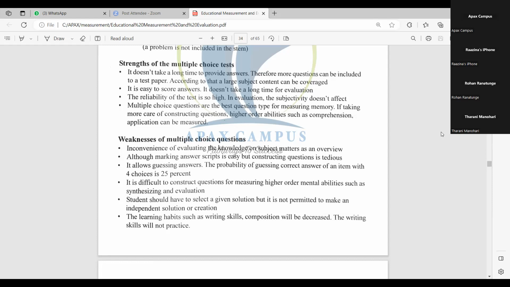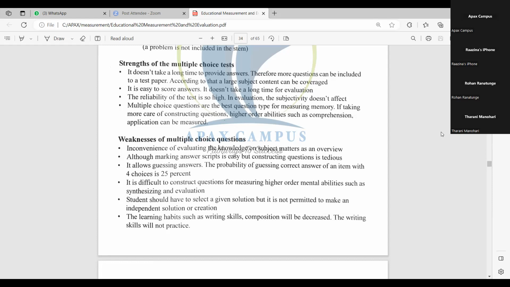We have given the question and we ourselves have given the answers. So the students have to select one of them, right? They don't have a chance for their own answers to be creative and prove that they are correct. So that part is not there in MCQs.